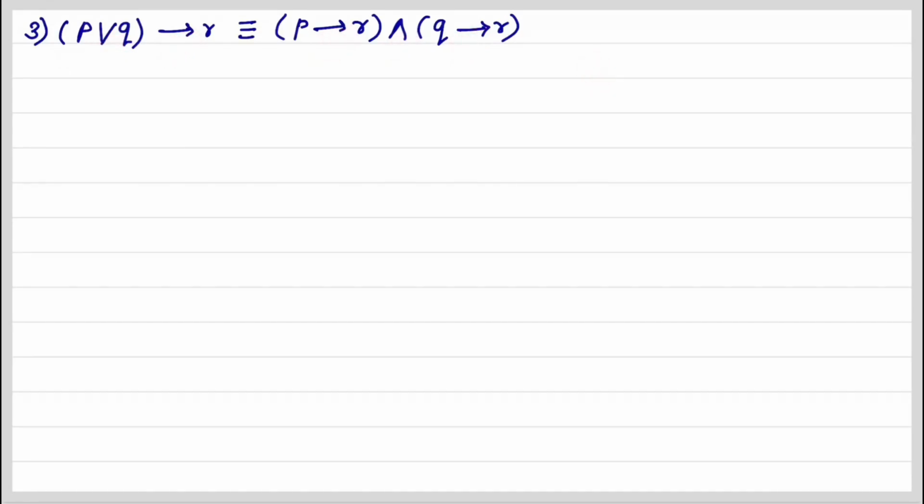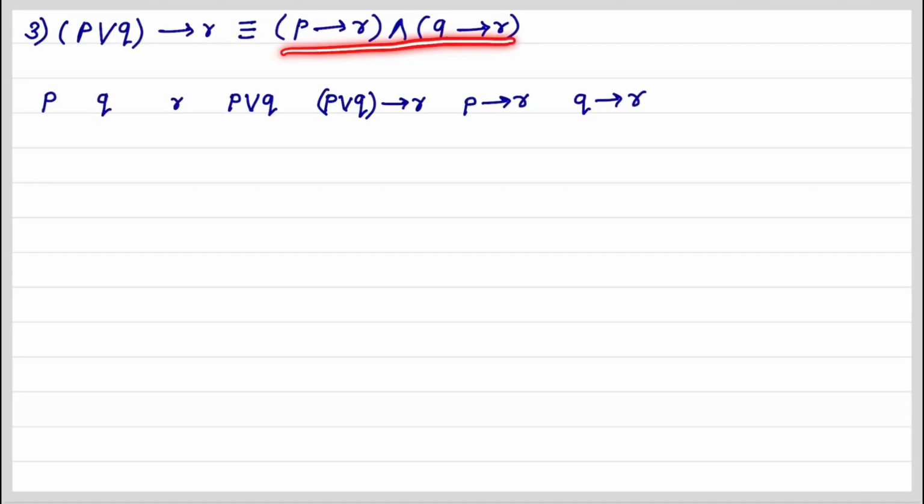That means number of columns is again 8. Number of statements plus number of logical connectives is equal to 8. Form the truth table. P, Q, R, P or Q. Then P or Q implies R. Next column will be P implies R. Then Q implies R. And last column is P implies R and Q implies R.